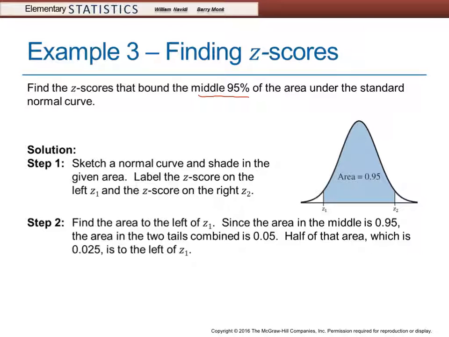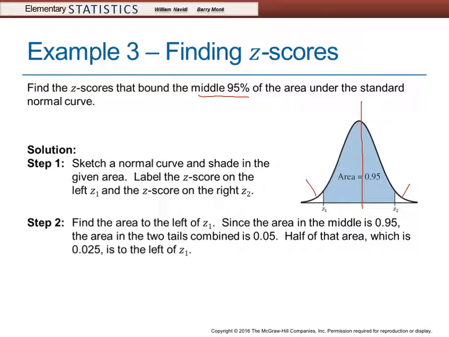You'll notice in this case that because of the symmetry, the two areas on either side of the 0.95 are also symmetrical, and therefore those two areas added up have to equal 0.05. So to find z1 and z2, we sketch the normal curve and shade in the given area.